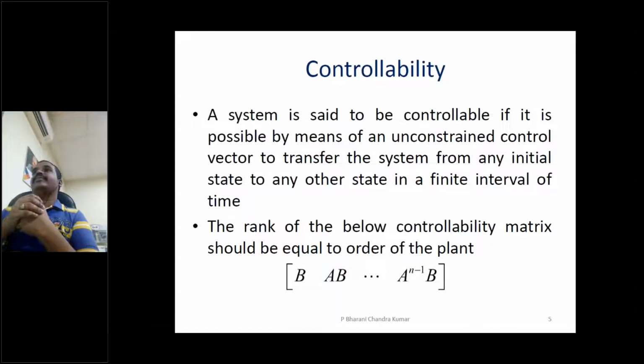So you can see that though I want to control you, the intention being good for the sake of other participants, since you have not logged into the system itself, I cannot control. That means I don't have access to you. So that is called an uncontrollable system.